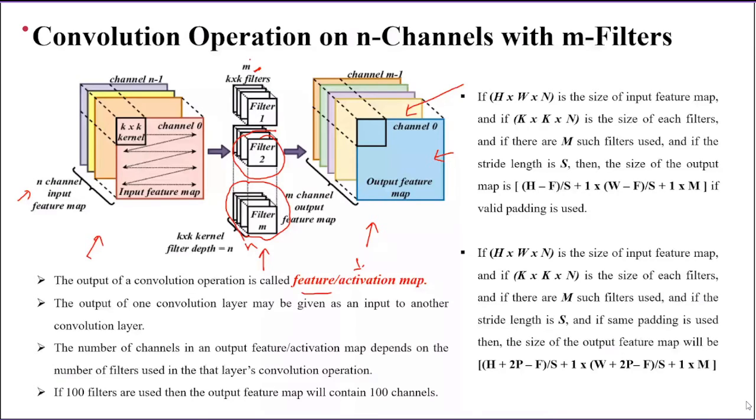But the important thing to consider is, if the input has n channels, then the filter will also have n channels. Even though we call it one filter, the depth of the filter will automatically be the same as the depth of the input image or feature map, whatever it is. It will change according to the layers. So this is the general formula.